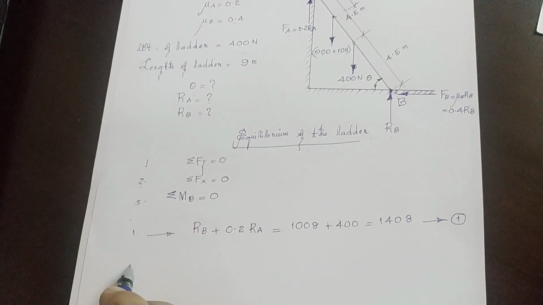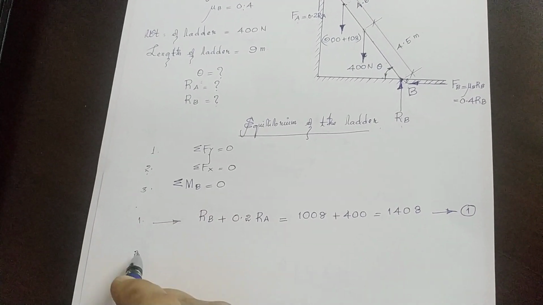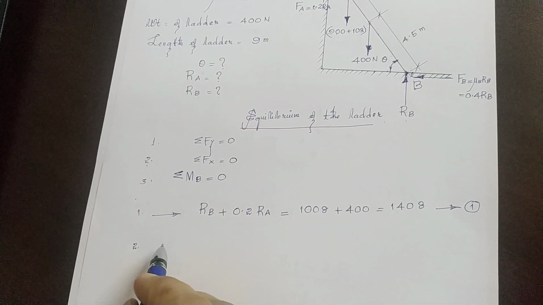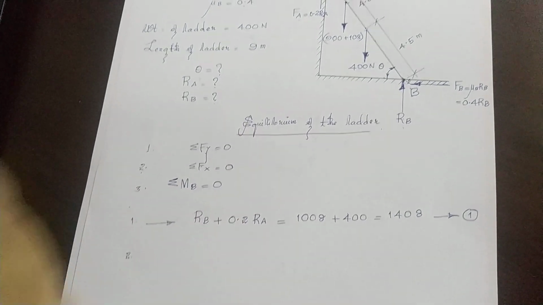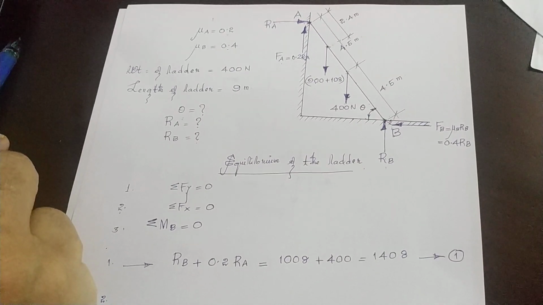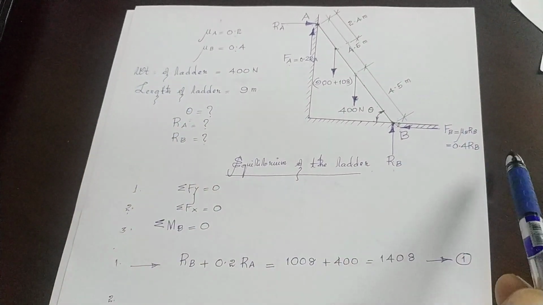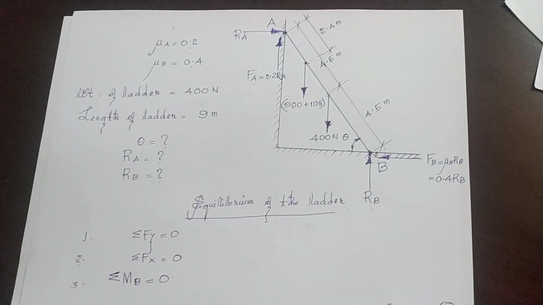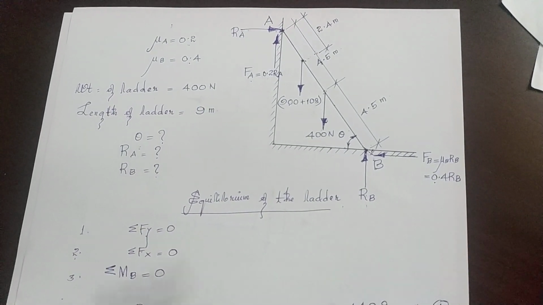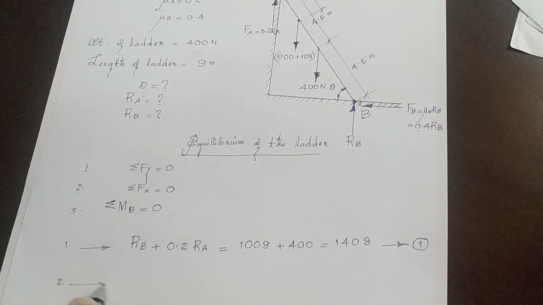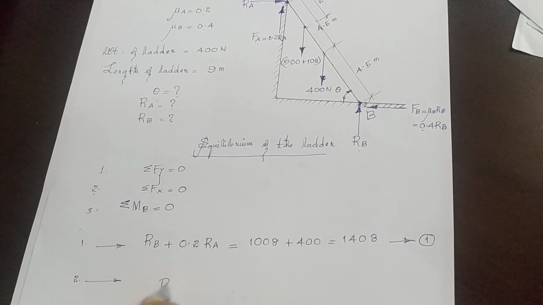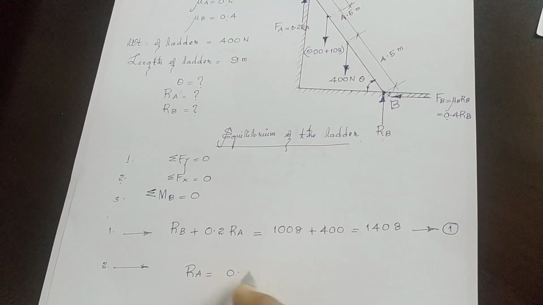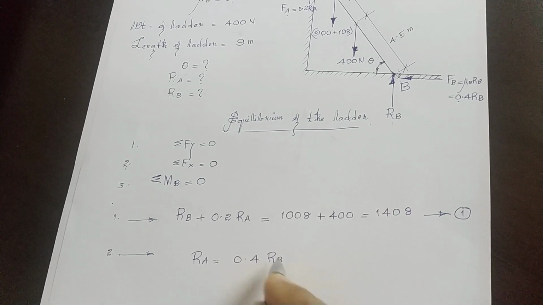Now let's consider the second equation. Sigma Fx is equal to 0. Here you equate all the forces acting horizontally towards the right to those acting towards the left. What is acting towards the right? RA. What's acting towards the left? 0.4 RB. So according to the second equation, you can write RA is equal to 0.4 RB.